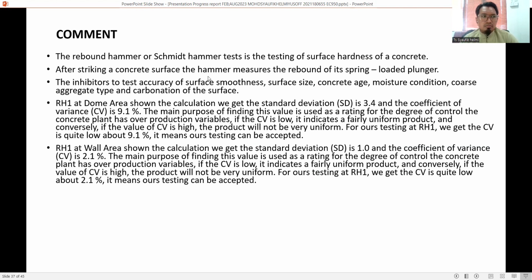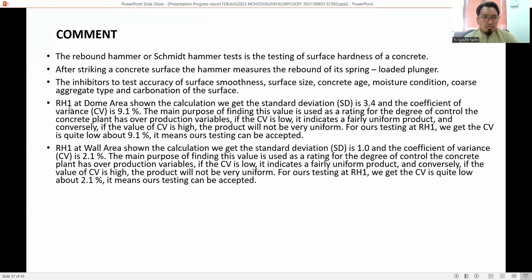To get accurate data collection using the rebound hammer, the inhibitors to test accuracy are surface smoothness, surface size, concrete age, moisture condition, aggregate type, and carbonation of the surface.